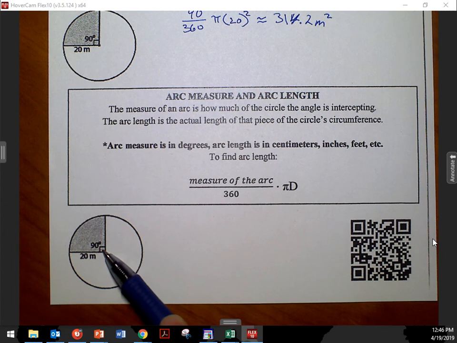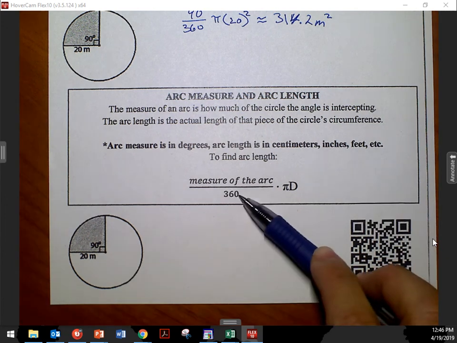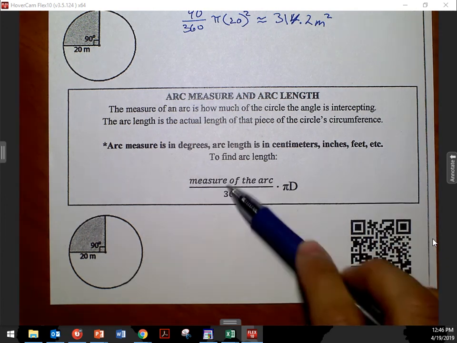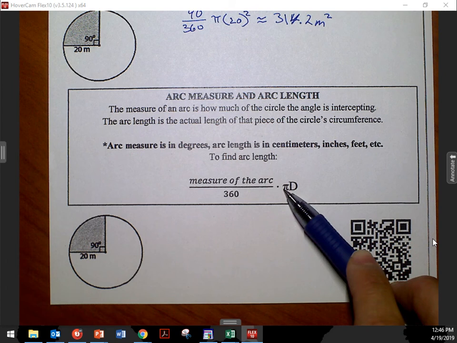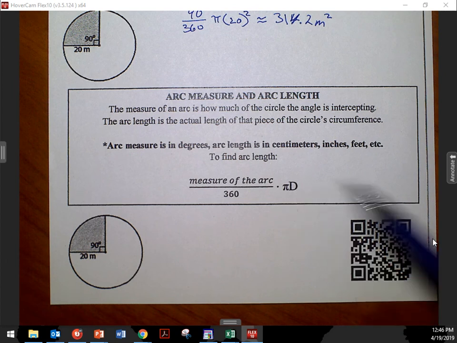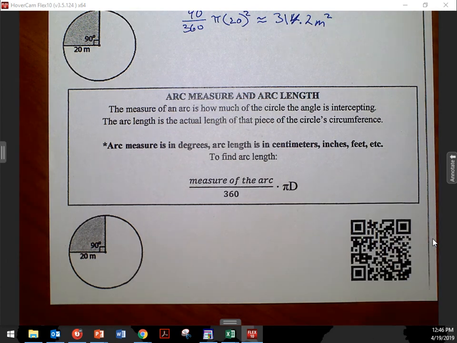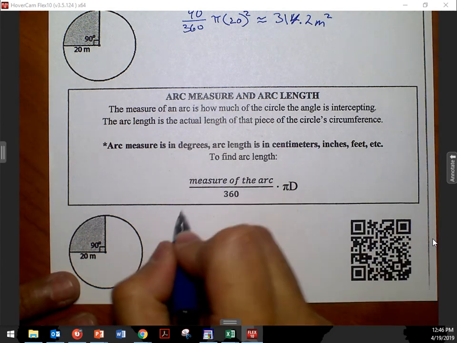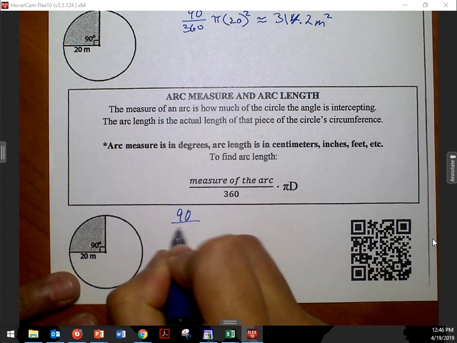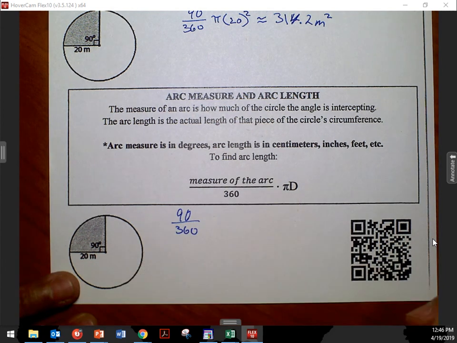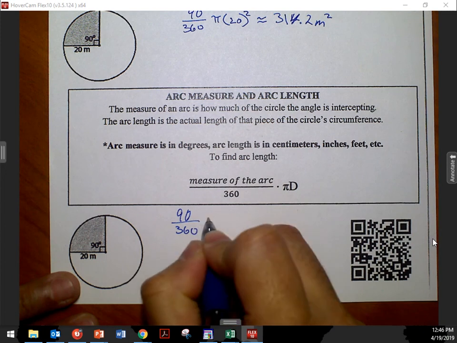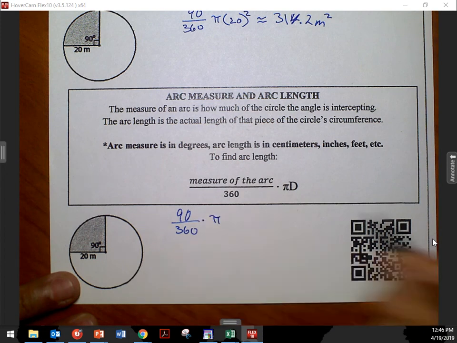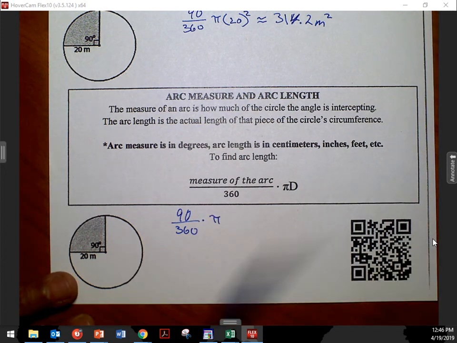So it's the measure of the arc. In this case, it would be 90 divided by 360, because my whole circle is 360, times pi times d. What does the d stand for? Diameter. So it's not radius squared, it's going to be diameter. What is going to be the diameter of this circle? 40.